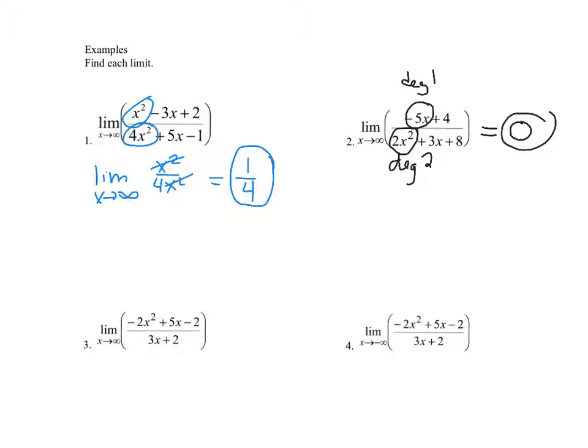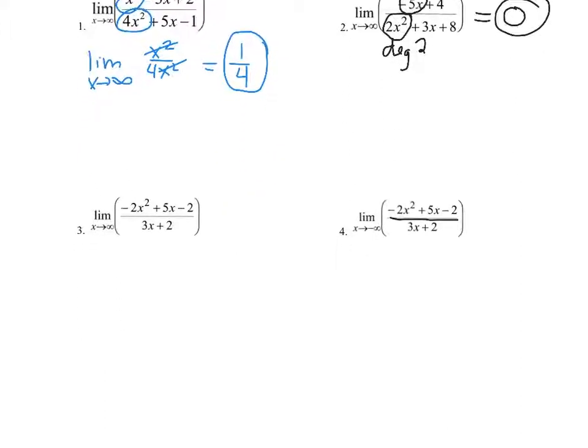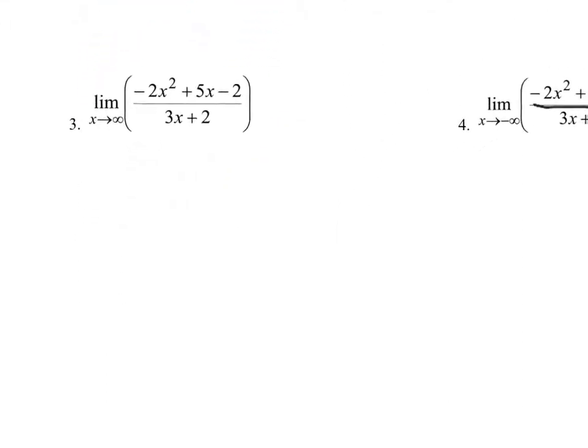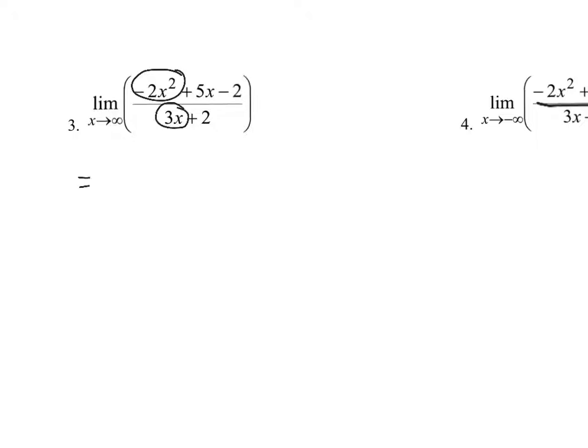Now the last two cases fall into our third case, which basically is the top is bigger than the bottom. And we said these have to basically go to either infinity or negative infinity. So I'm going to show you a real easy way to figure out where these limits go. So this first limit, the top is bigger than the bottom. But we said that we can rewrite this as the quotient of the highest powers, which would be these two.